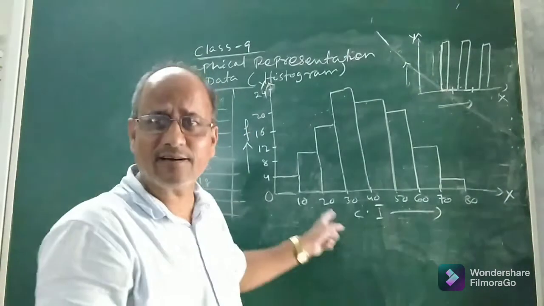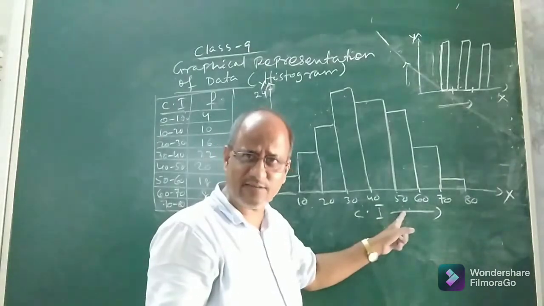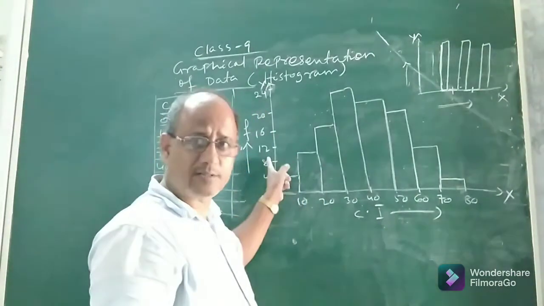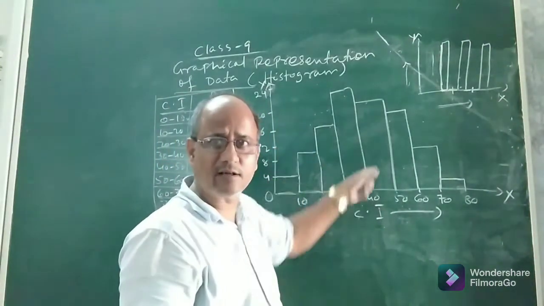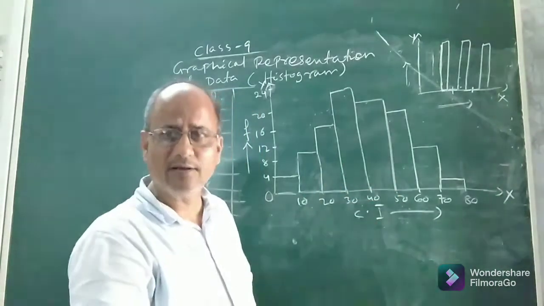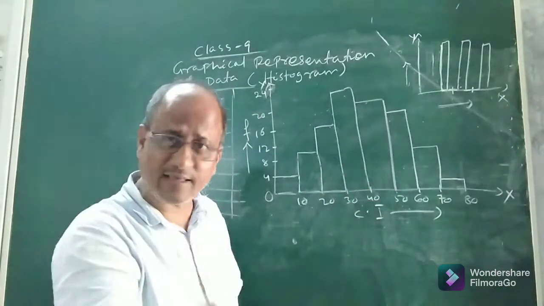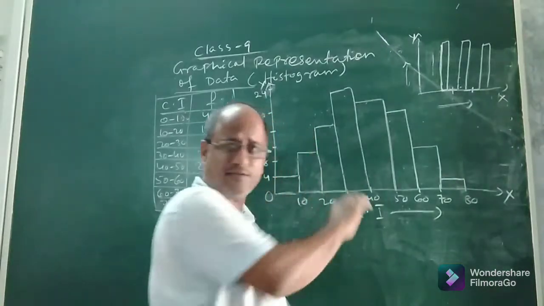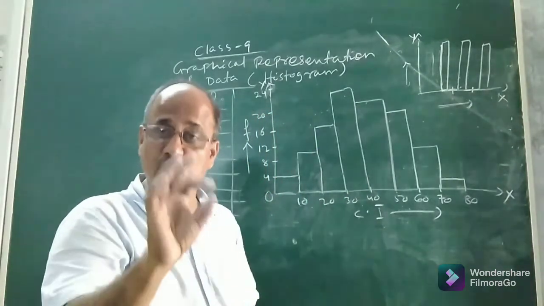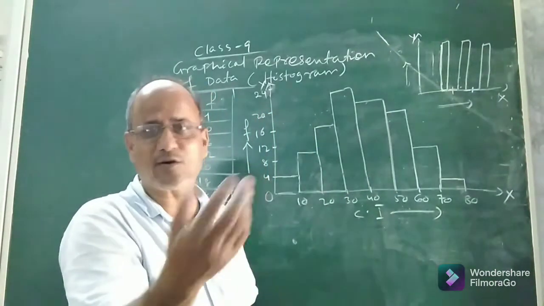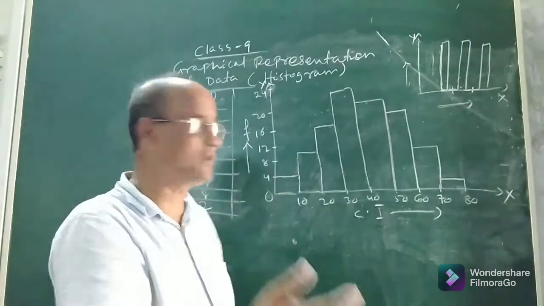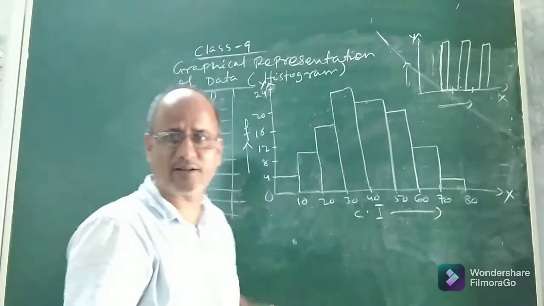So taking the class interval along x-axis and taking the frequency along y-axis in the Cartesian or coordinate plane, then choosing appropriate scale for both x-axis and y-axis. You have to choose scale for both the axes, because without choosing scale we cannot represent the information in a graph.